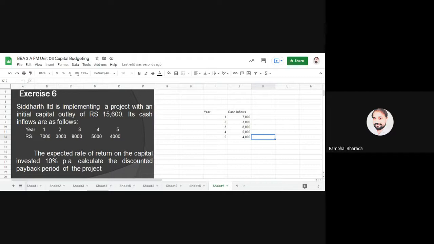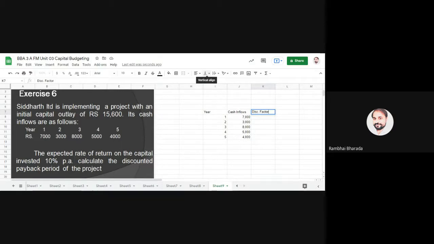Now we need to calculate the discounting factor. The third column, generally, is the discounting factor. Look at the question. Some rate is given to you: 10%. The required rate on a capital investment is 10%. It represents the discount rate.